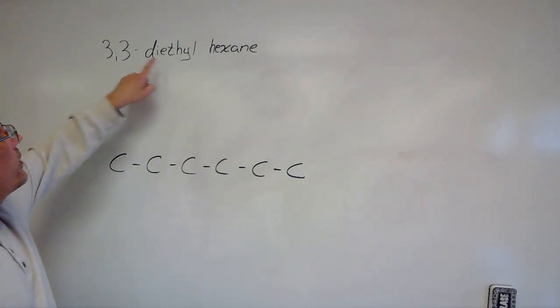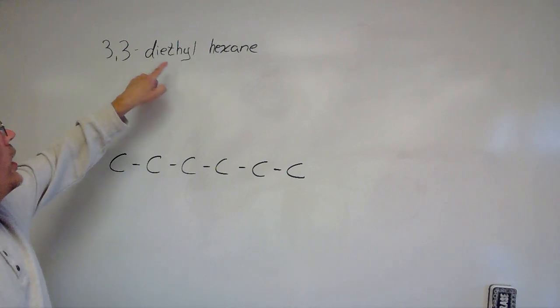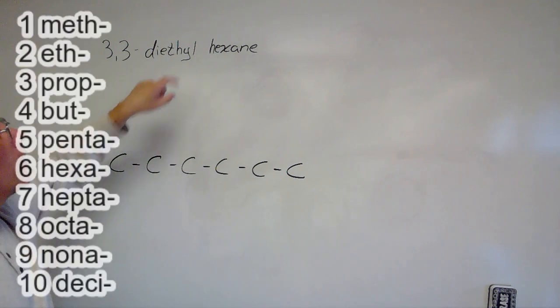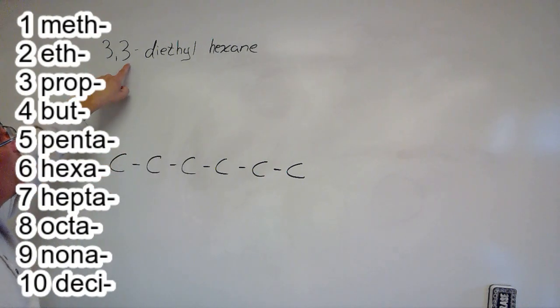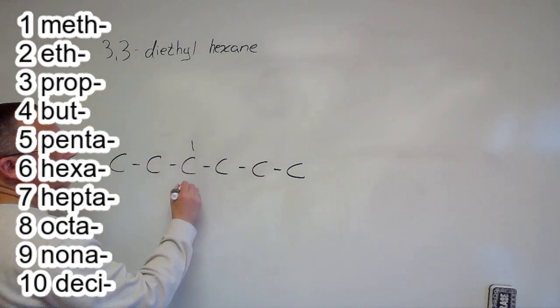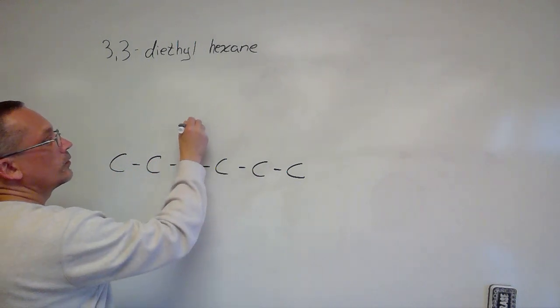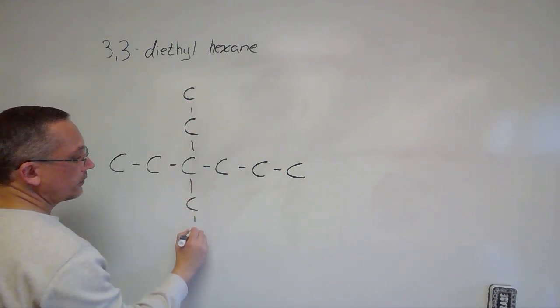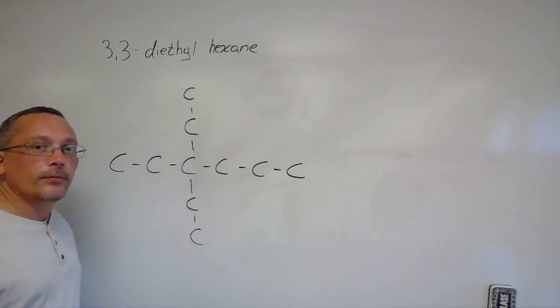Now I do have branches. I have 2 branches, and they are ethyl branches. So 2 branches that contain 2 carbon atoms, and they both come off of carbon number 3. So here's carbon 1, carbon 2, carbon 3. I have 2 ethyl branches, so 2 that contain 2 carbon atoms, both coming off of carbon number 3.